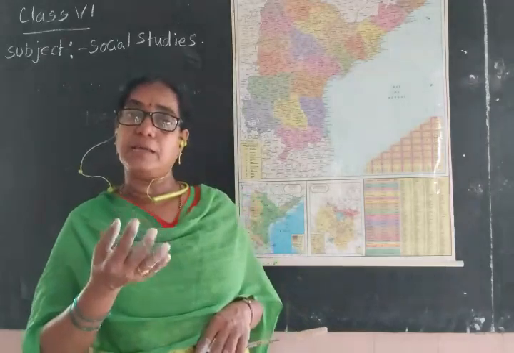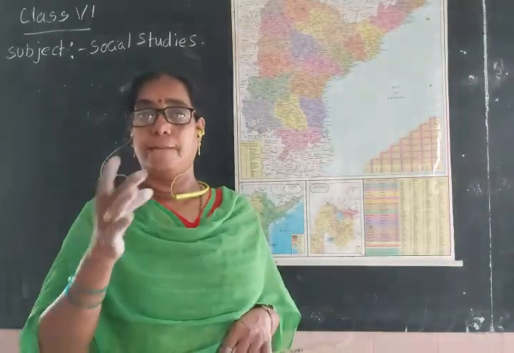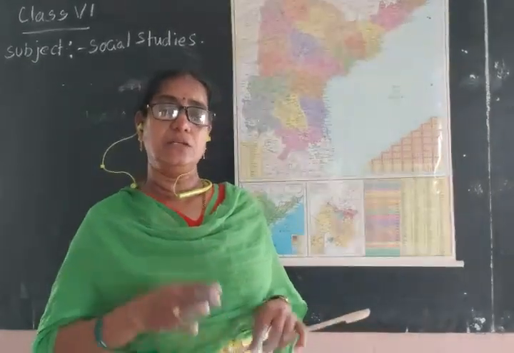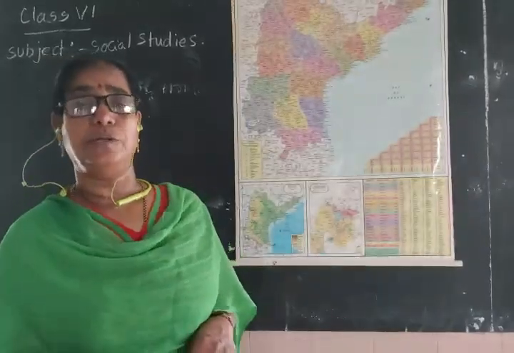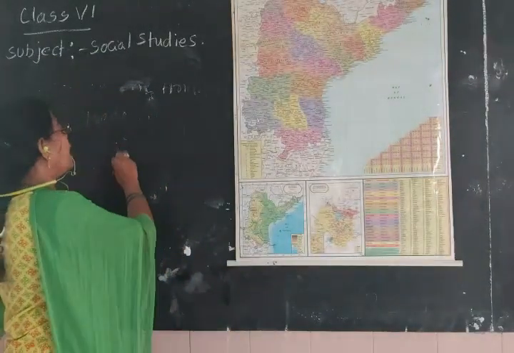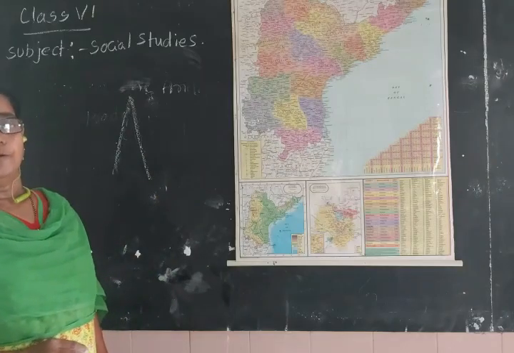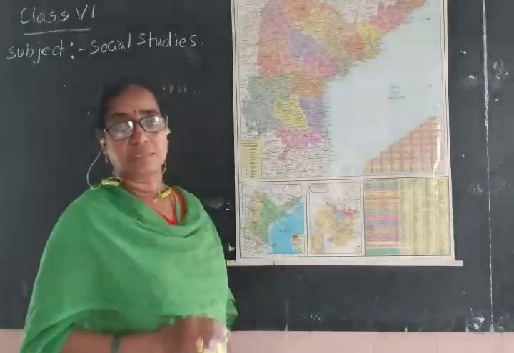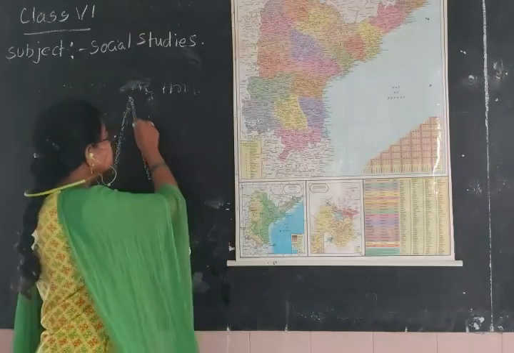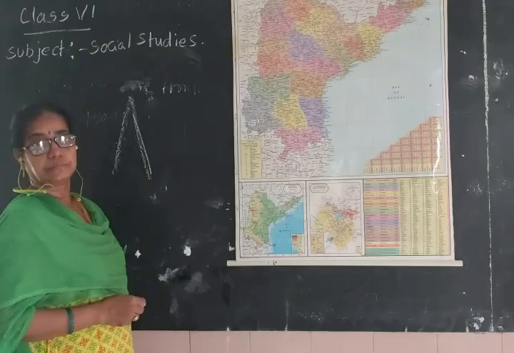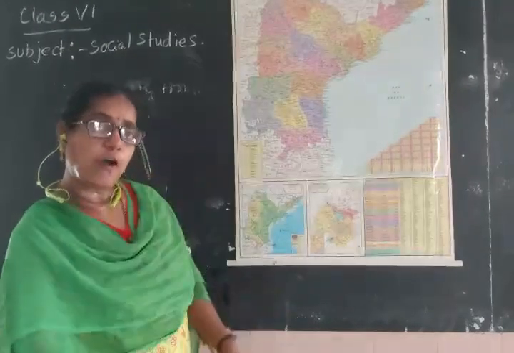So again I am telling: mountains or hills, plateaus and plains. What is the difference between these? Mountains or hills are the highest landforms which have steep slopes. Steep means very slanting. If you put your leg, you fall down.